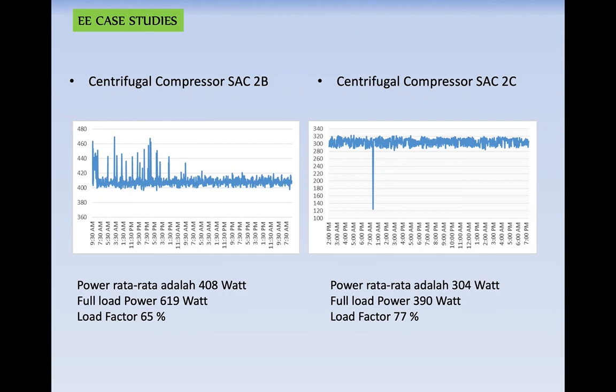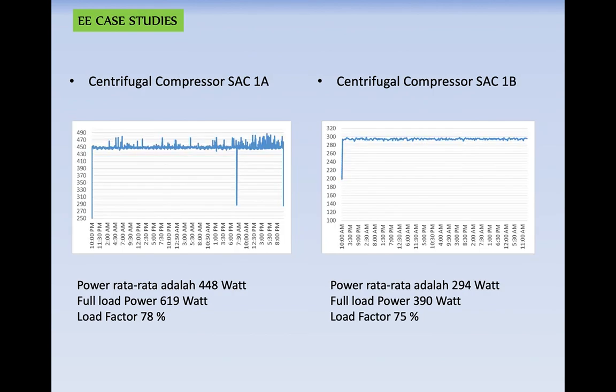So this is the conclusion of what we found from the electric power measurement.